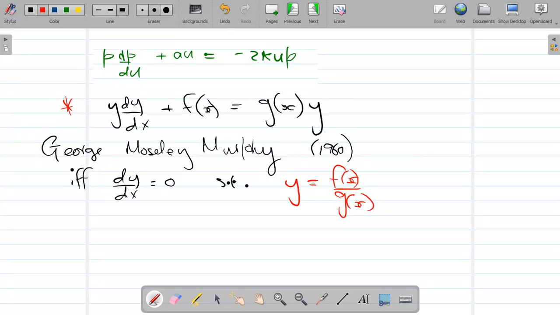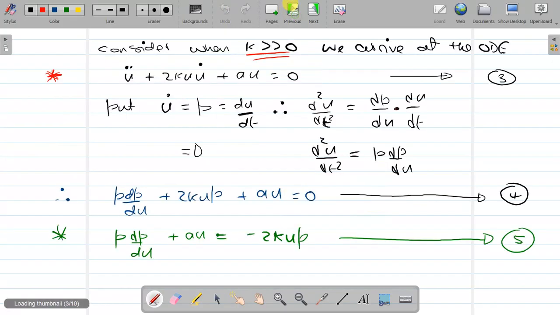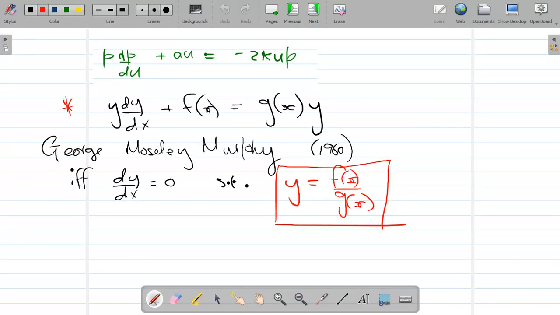So that is a viable solution of, let me just see, previous, so we want equation, we call this equation 6, I'll keep it in red ink, and this is equation 7.